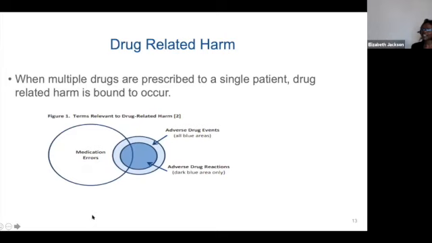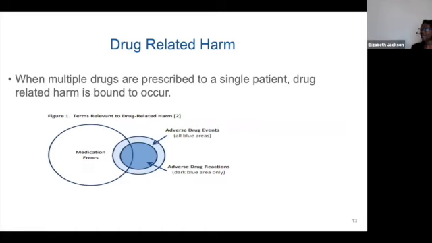What is depicted here is that when multiple drugs are prescribed to a single patient, drug-related harm is very much bound to happen. All the blue areas represent adverse drug events.